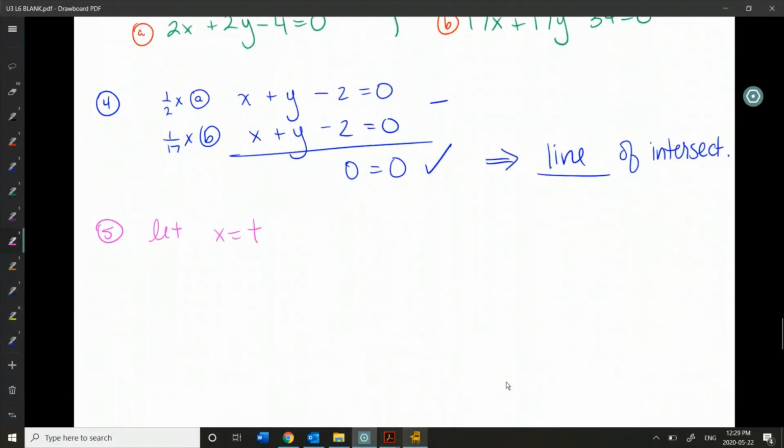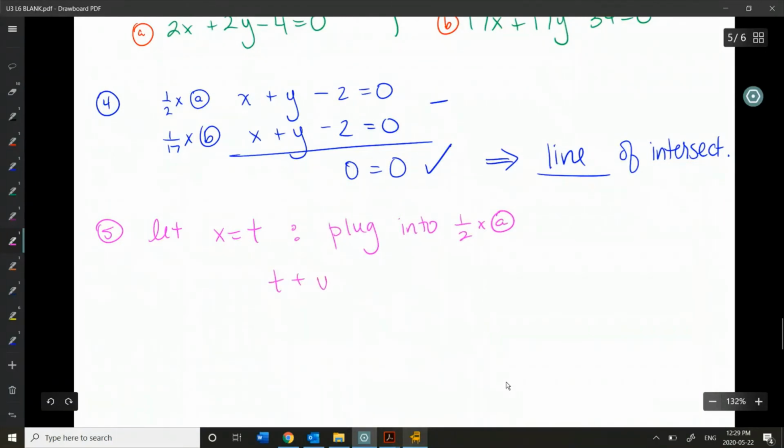I'm going to use this simplified version of the equation, half times equation A, and that's going to mean that I get t plus y minus 2 equals 0, and we just want to isolate the y. So y equals 2 minus t.